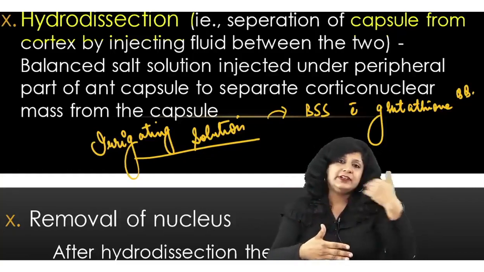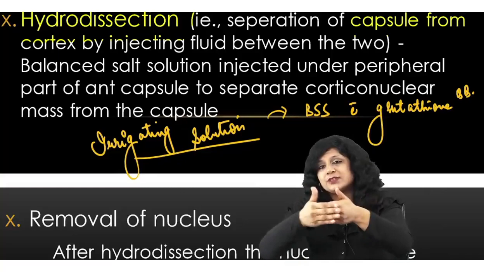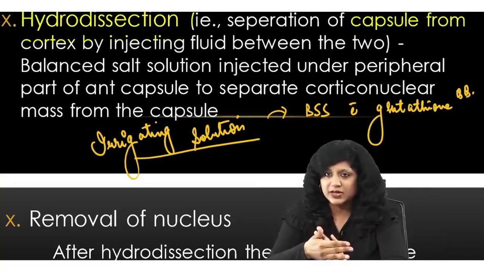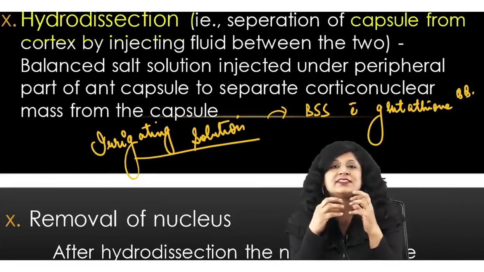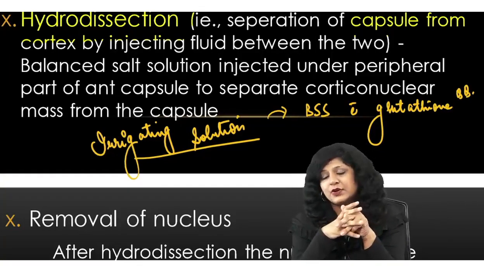The anterior capsule you have already torn off. Now I have to separate this cortex from the posterior capsule so that I can aspirate the cortex and leave the posterior capsule intact. That is called dissection with the help of a hydrating fluid, your hydrodissection.